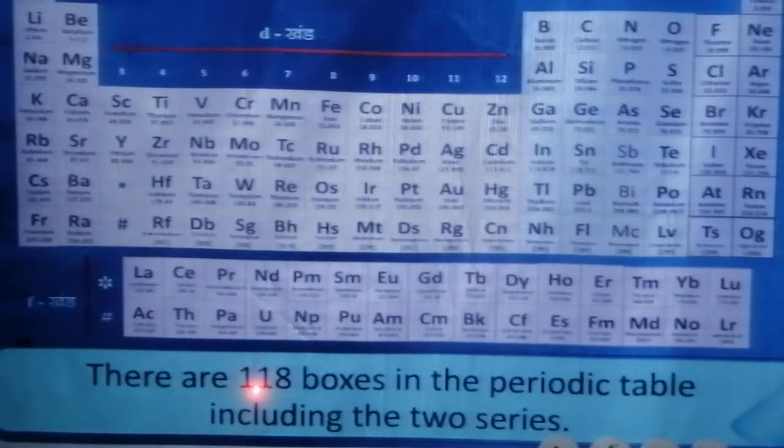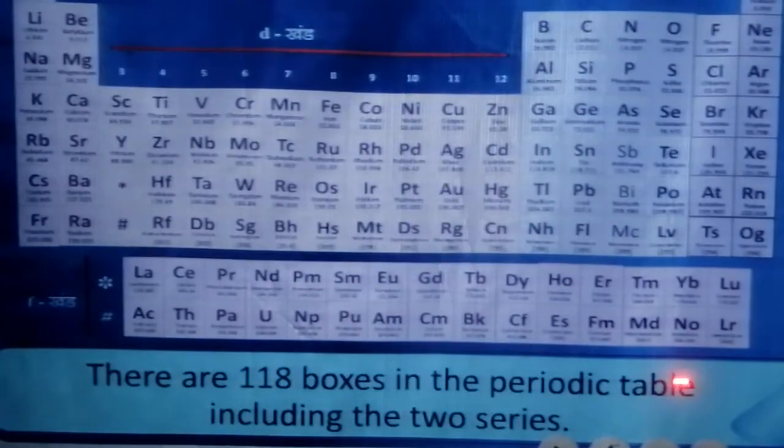There are 118 boxes in the periodic table including the 2 series.